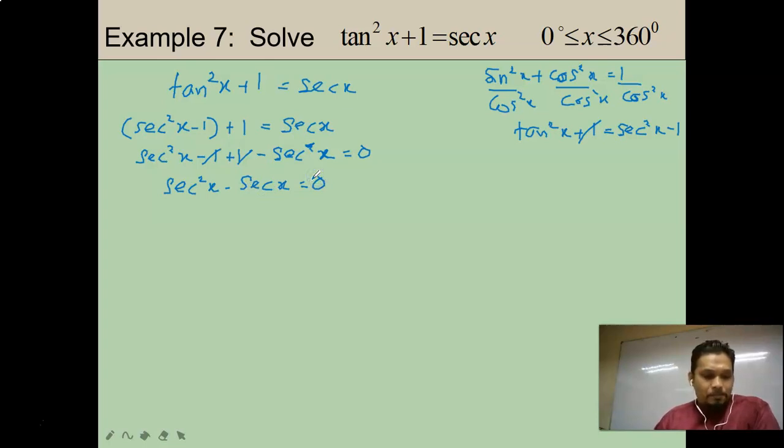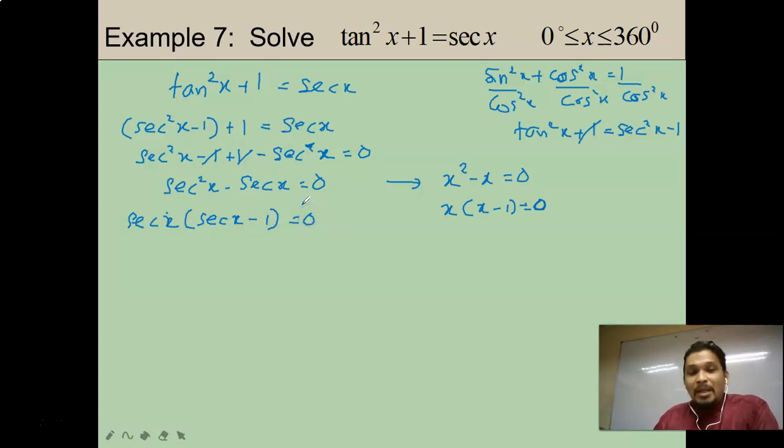It is just like x square minus x equal to 0, then factorize the x, and it gives you x minus 1 equal to 0. So we're going to implement this here: we factorize secant x, then secant x minus 1 equal to 0. This is only an example to implement; we call this factorization.